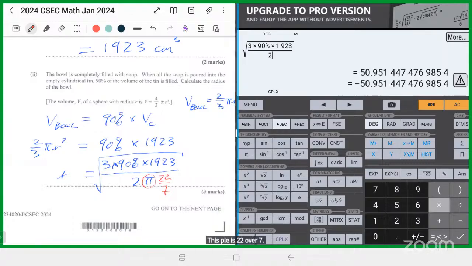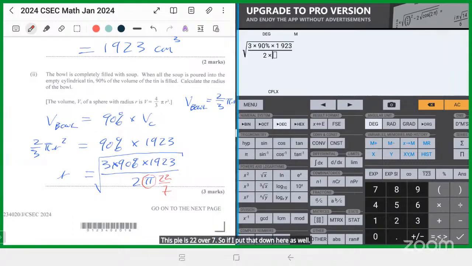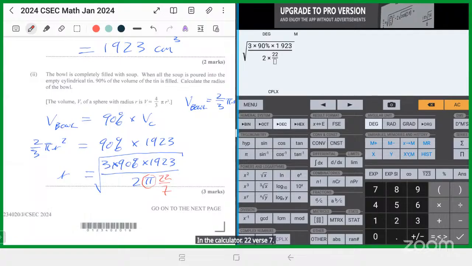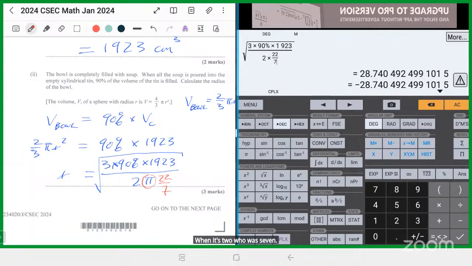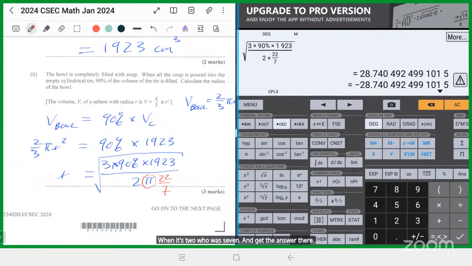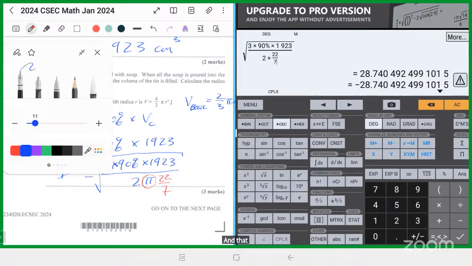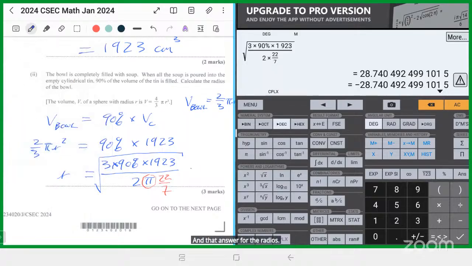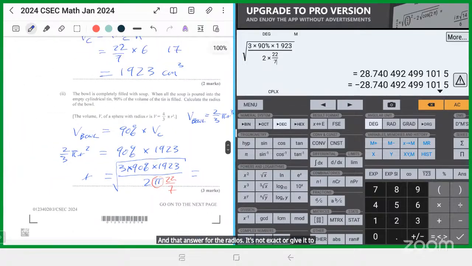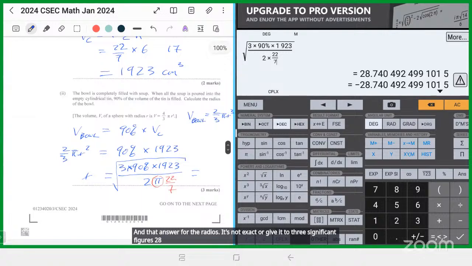So I'll put that down here as well in the calculator. 22/7. And get the answer there. And that answer for the radius is not exact, so I'll give it to 3 significant figures. 28.7. Let me shift this over a bit.